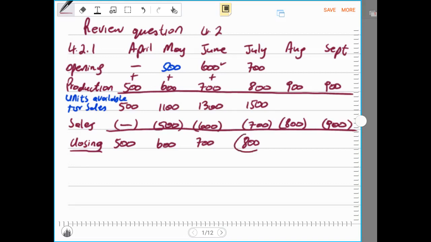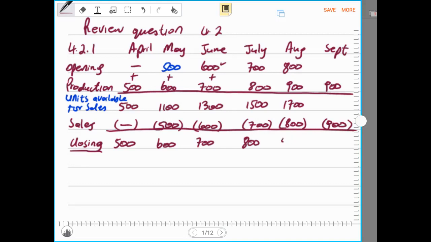And 800 now is the closing in the month of July, which becomes the opening at the beginning of August. And we record that as 800 opening balance, which was the closing balance in the previous month of July. Then 800 plus 900 in August will give us 1,700. And 1,700 is the units that were available for sales once again, and we less the units that were sold, which is 800.